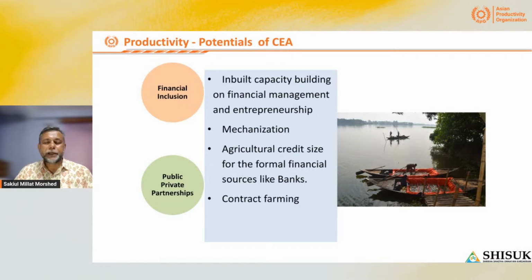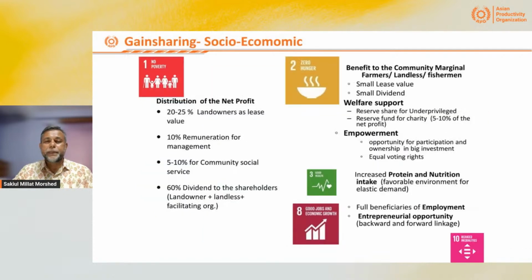So that really includes more people in the formal financial system, and it enables the opportunity for mechanization of agriculture and agriculture credit size through formal financing. And it also enables the contract farming process to build a public private partnership into the system.